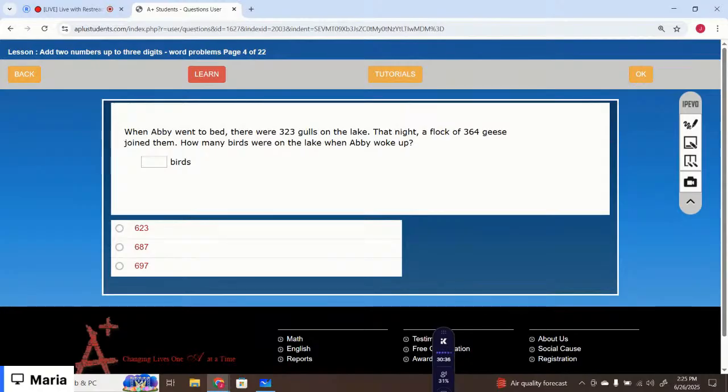When Abby went to bed, there were 323 geese on the lake. That night, a flock of 364 geese joined them.